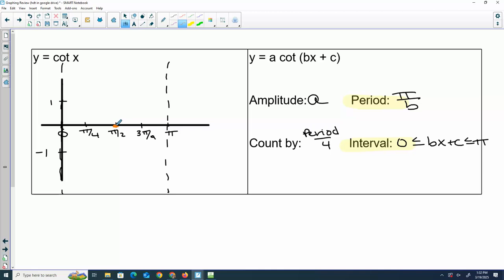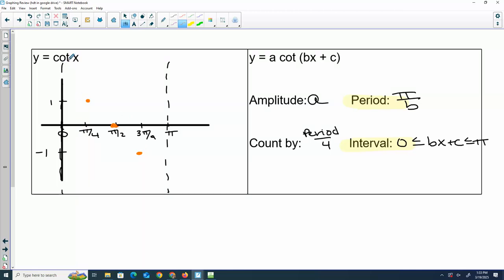Okay, at the center point, it's on the axis. Pi over 4 is in the first quadrant, and everything's positive in the first. So at pi over 4, it's at 1. 3 pi over 4 is second quadrant. Cotangent's negative in the second, so that's a negative 1. Or if you get confused, just evaluate them.